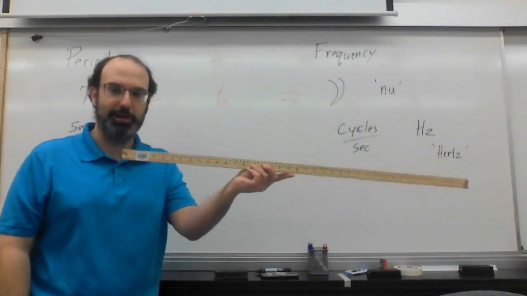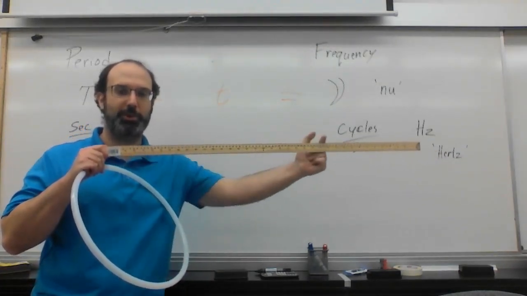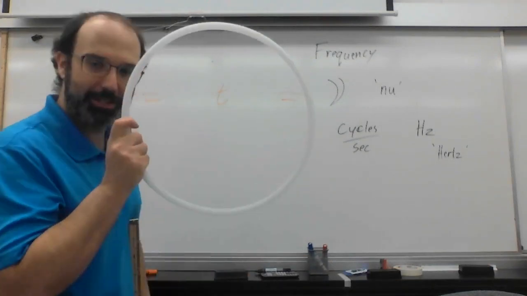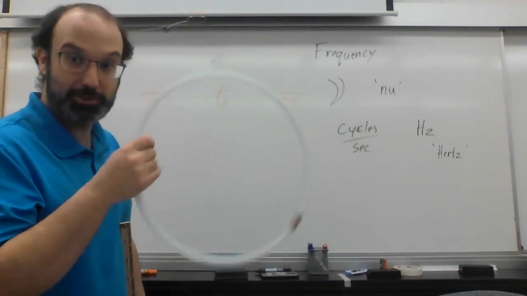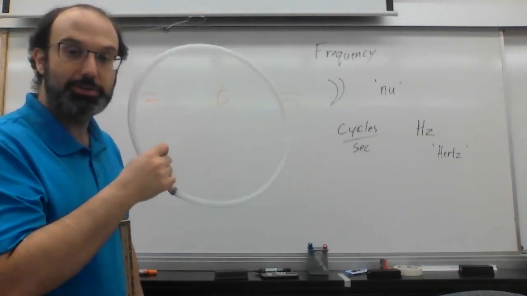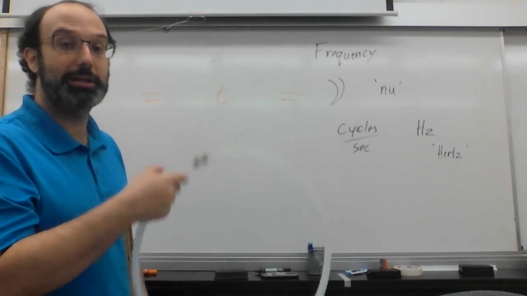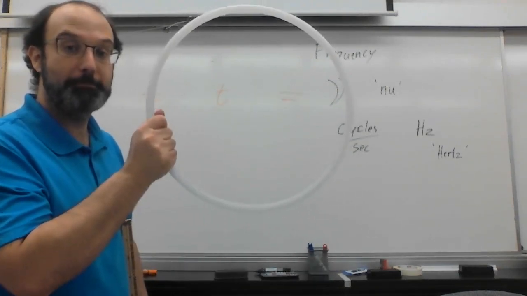Whereas here, it's super obvious that I'm getting further and further from my reference point. Well, here it's not so obvious because my reference point is a circle. So it goes around, whoop, back to my hand. So we need to find some way to talk about it, and so they build that into the calculation of time.